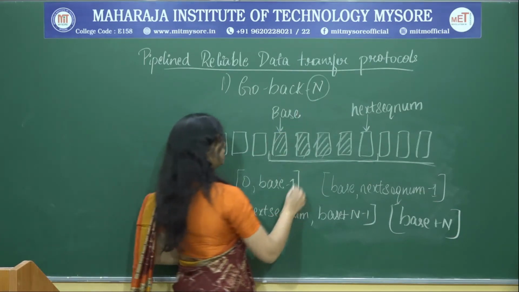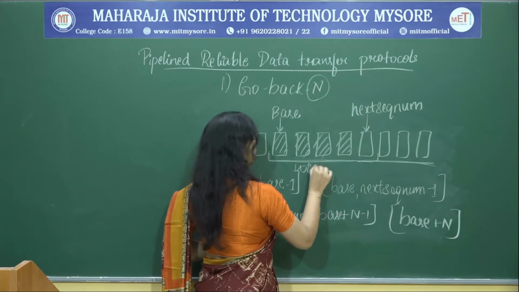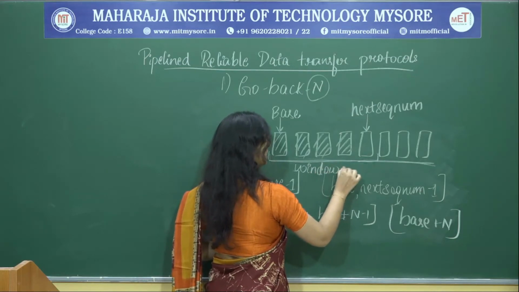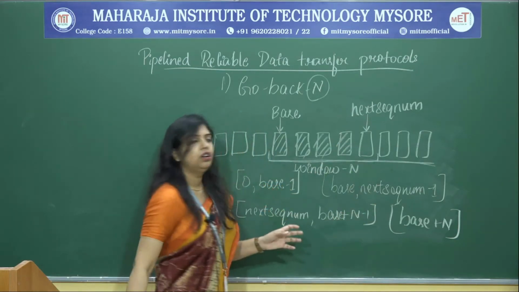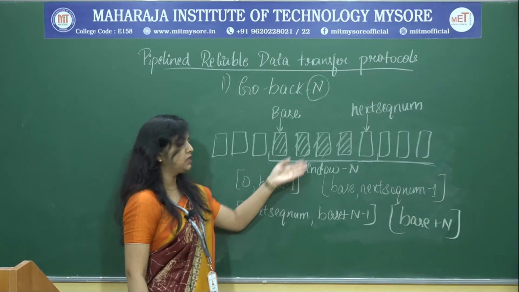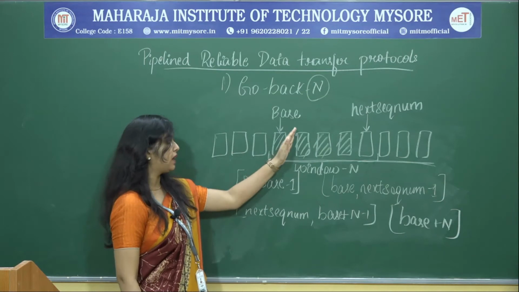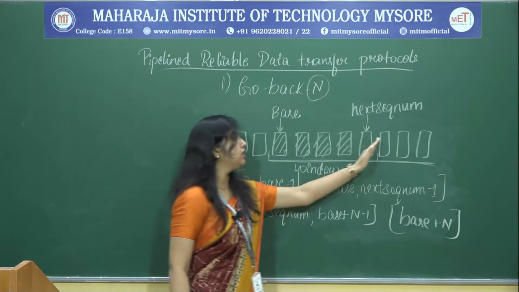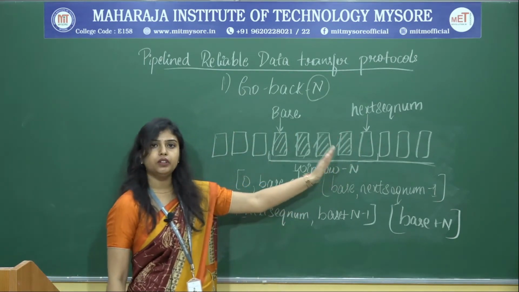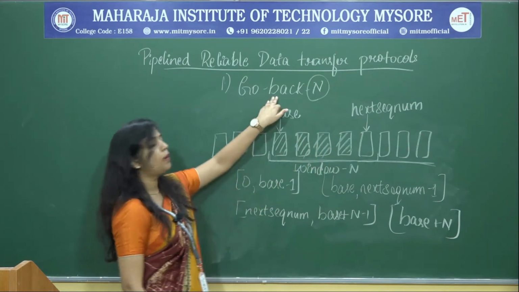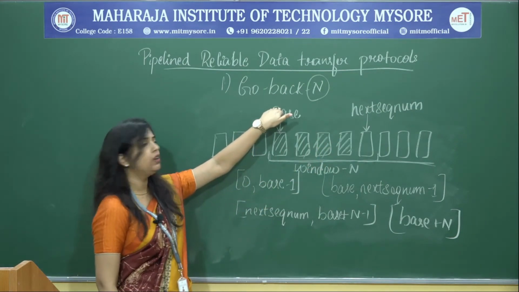That n we call the window, the allowable number of sequence numbers that can be sent by the sender. As one packet's acknowledgement is received, another one enters the window. That is why we call go back n a sliding window protocol.